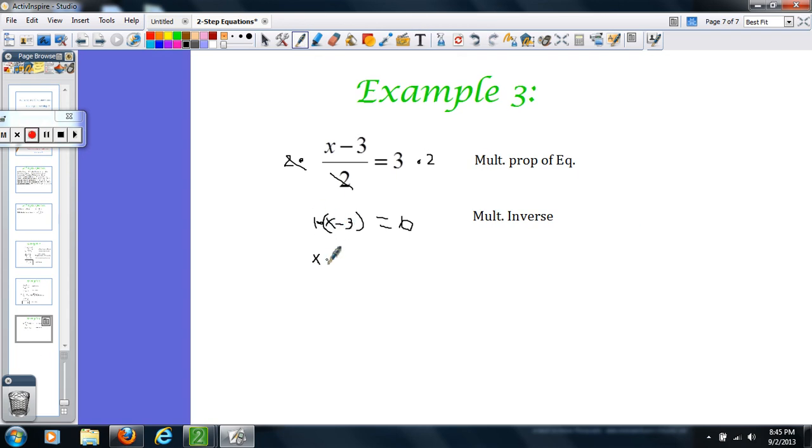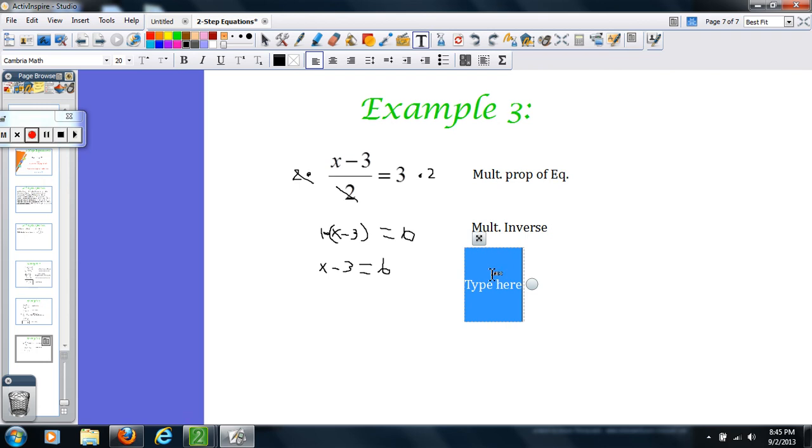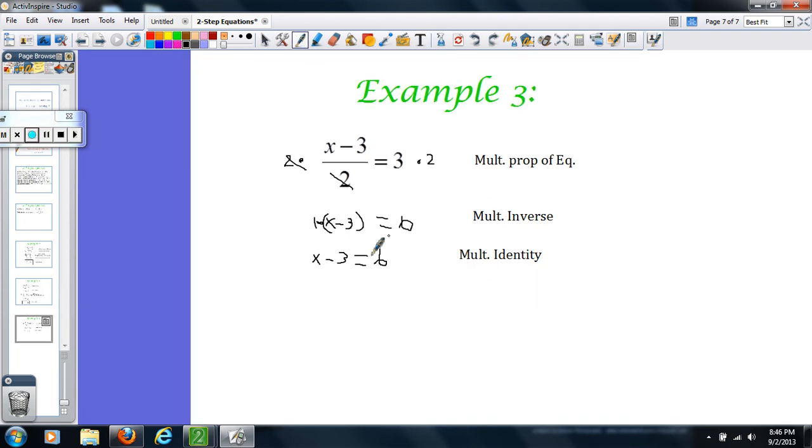So now you've got just x minus 3 equals 6. And that will be our multiplicative identity. And that goes there. And then from here, we're going to add 3 to both sides.